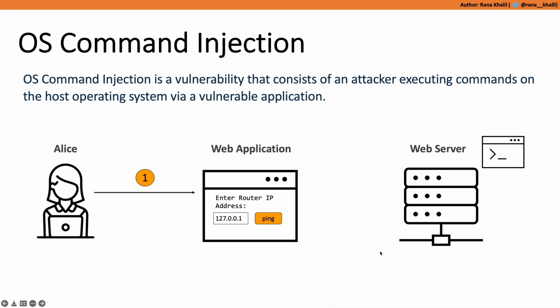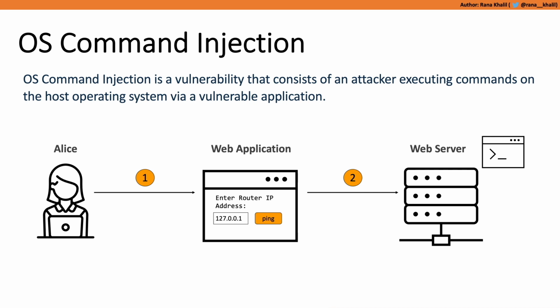And in this case, that's 127.0.0.1. And then Alice clicks on the ping button, which initiates a request to the web server and executes the ping command. So think of it as if a command line is being opened up and then the command ping 127.0.0.1 is run on the command line.